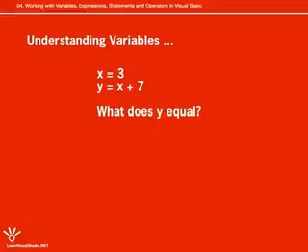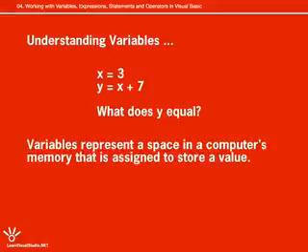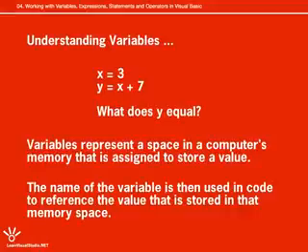At their essence, these variables simply represent some value. They are buckets that contain a value. In computer terms, a variable is a space in the computer's memory where it stores a value. And we as programmers can reference the value in the computer's memory by using a name that we give to that particular value called a variable.